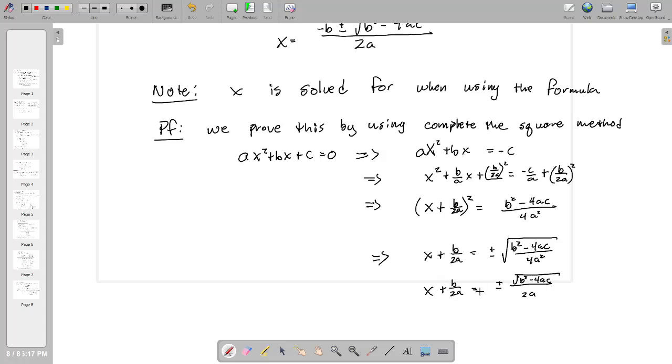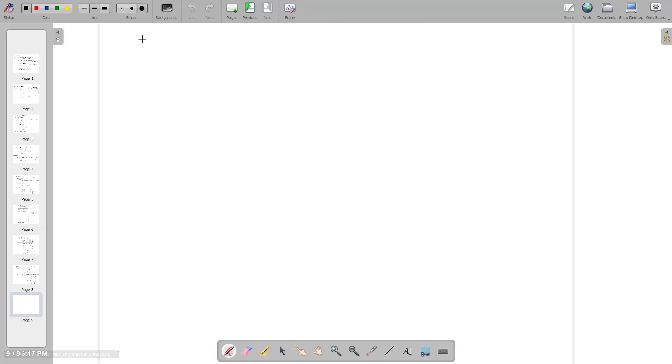And then we subtract our b over 2a over and combine the fractions. They already have a common denominator, so we end up with x is equal to negative b plus or minus square root b squared minus 4ac all over 2a. And that will complete the proof. So the very next thing we're going to do is an example to show how the quadratic equation works.